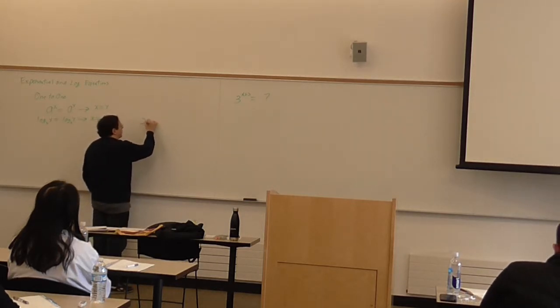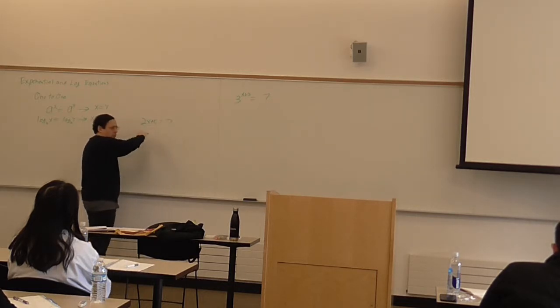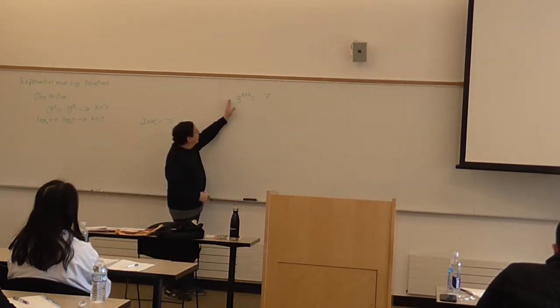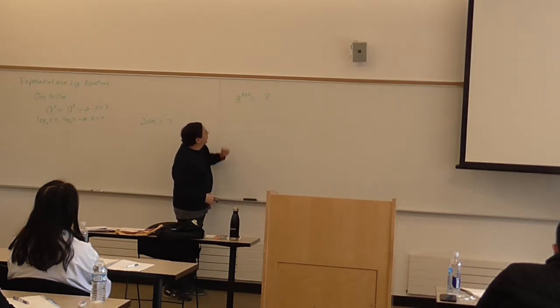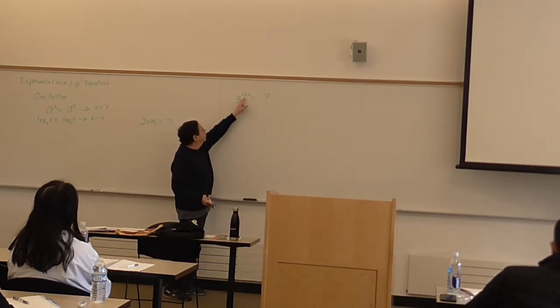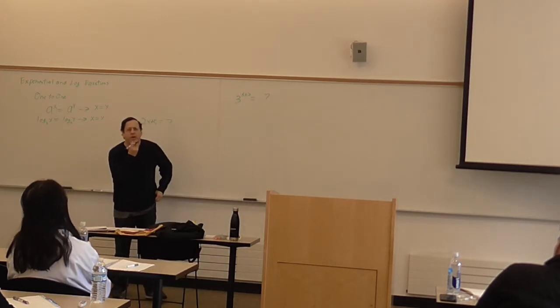Again, 2x plus 5 equals 7. We unravel it, right? First we subtract 5, then we divide by 2. To unravel this, we want to get to this x plus 2. What's a good way to do that? What could I do to both sides so I end up with an x plus 2 somewhere?